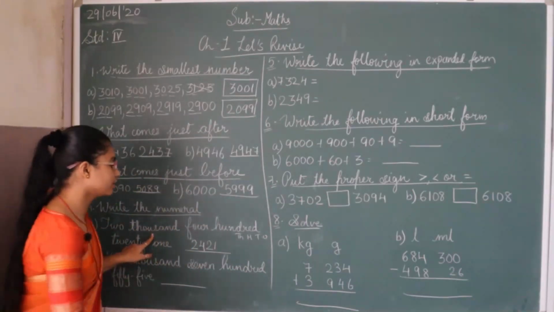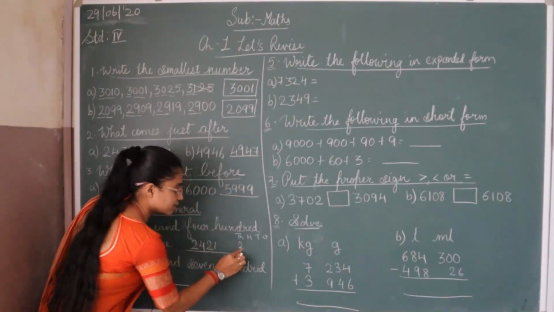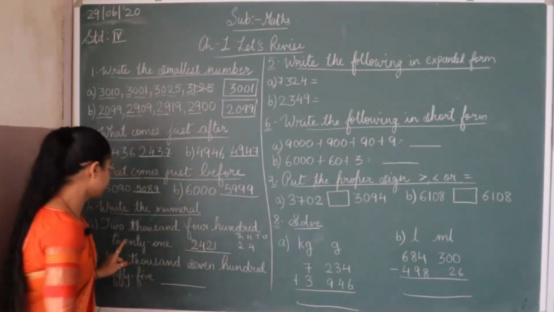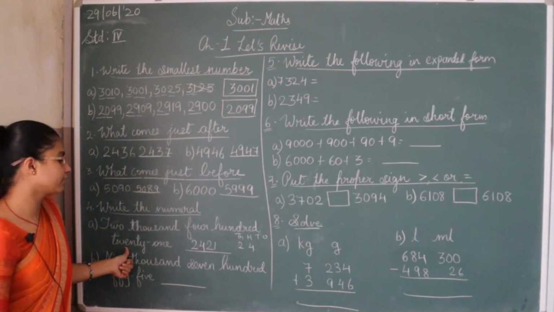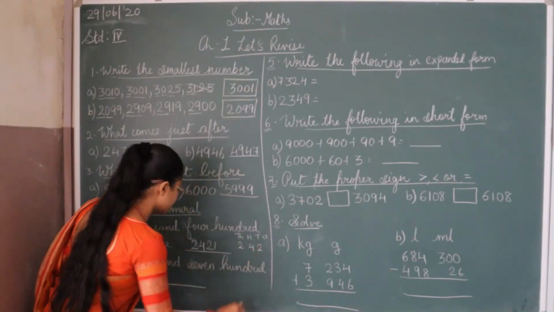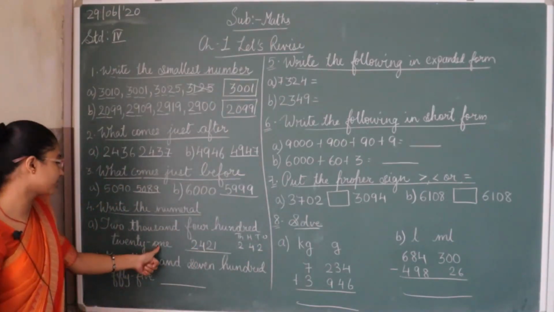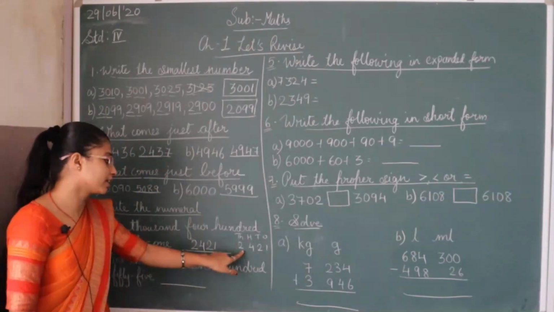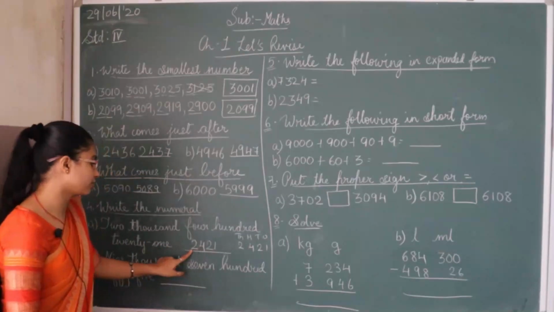Okay, 2000 in 1000 place, 400 in hundreds place, 20 will be in tens place. That is 2 into 10 is equal to 20 and 1 in ones place. So we will get the answer 2421.